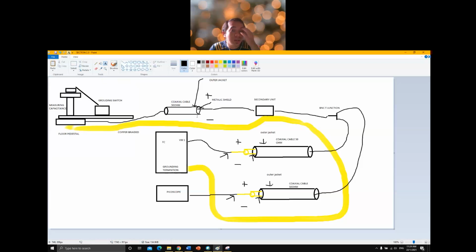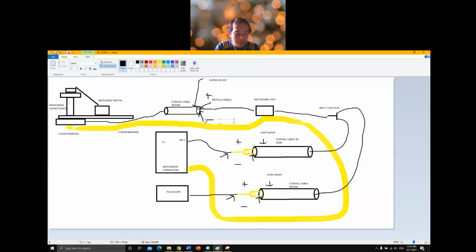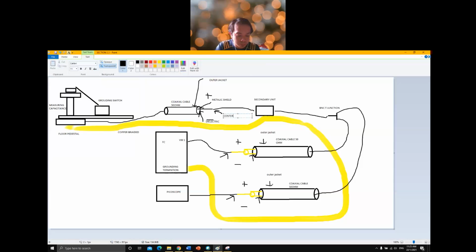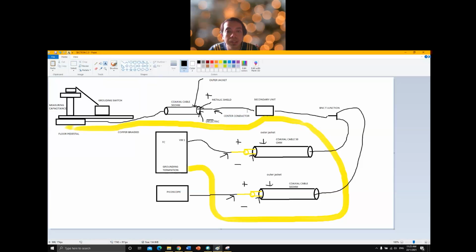Inside the metallic shield we have the dielectric, and inside the dielectric we have the center conductor. Then it connects to the secondary unit.